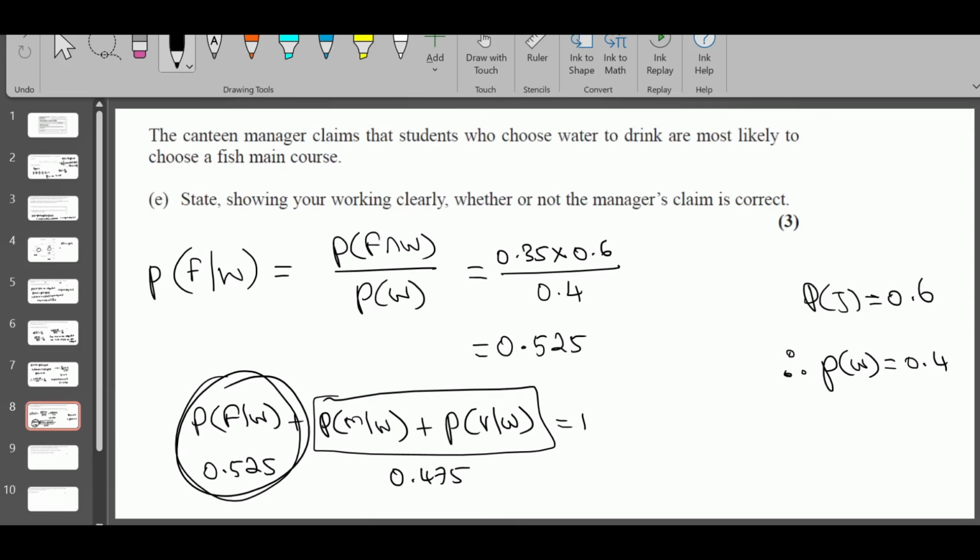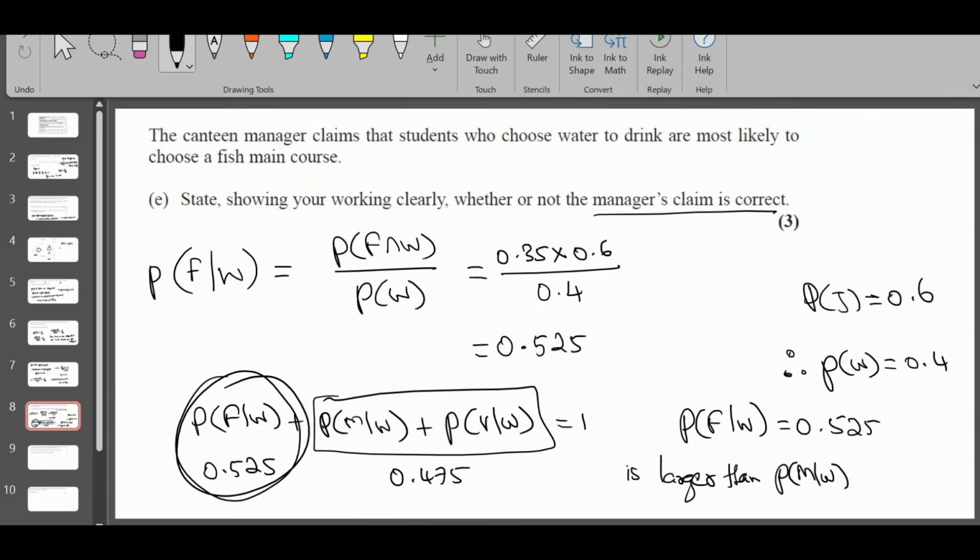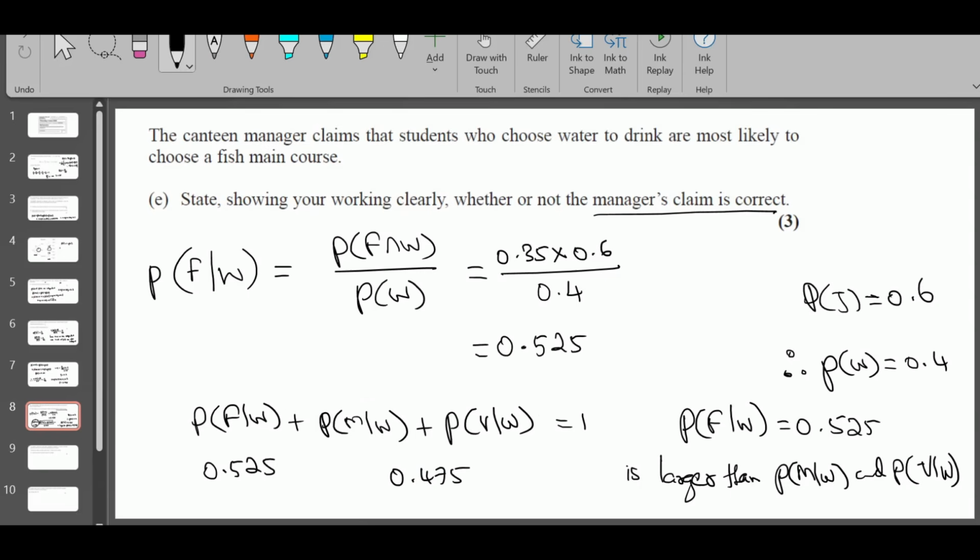So therefore, the manager's claim is correct. So you need to write P of F given W is equal to 0.525, which is larger than P of M given W and P of V given W. Therefore, the manager's claim is correct.